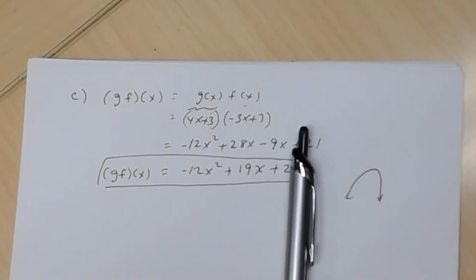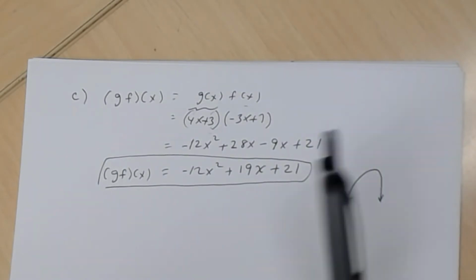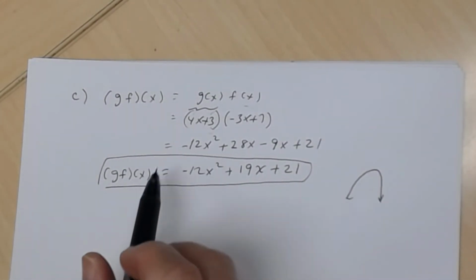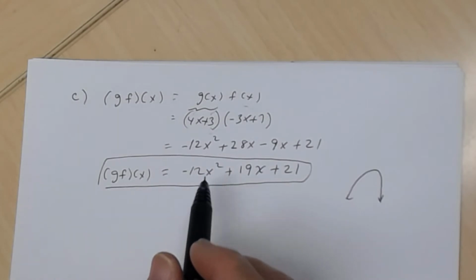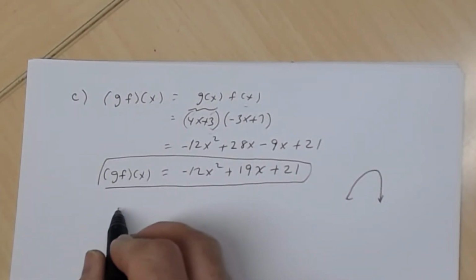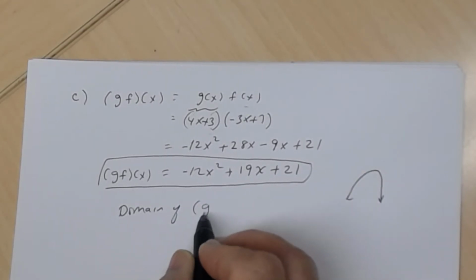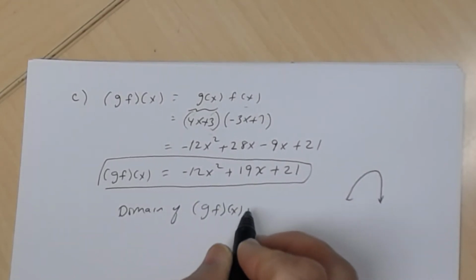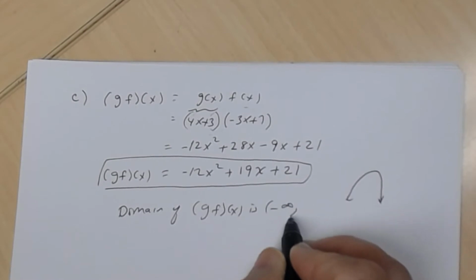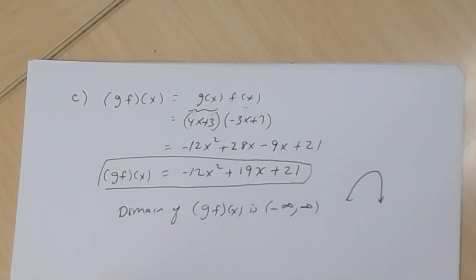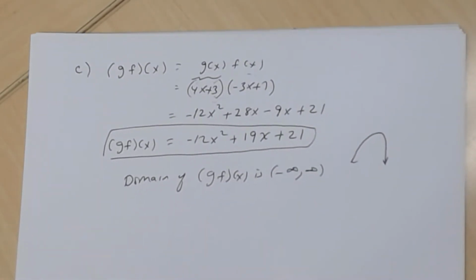Remember how we did this going from left to right? Negative infinity to infinity. That's your domain. So the domain of a polynomial function is all real numbers. So domain of g times f at x is negative infinity to infinity. Okay? All right.